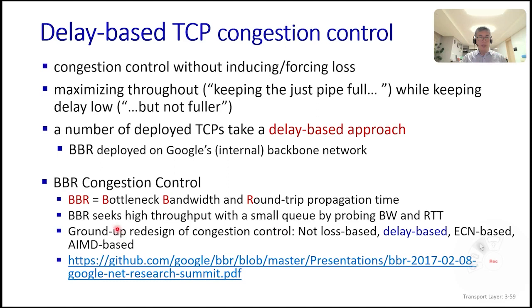BBR seeks high throughput with a small queue by probing bandwidth and round-trip time. It is a ground-up redesign of congestion control, and it is not loss-based. Loss-based means traditional congestion control: three duplicate ACKs or timeout.